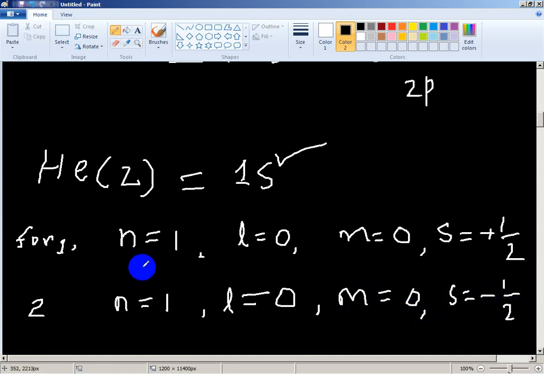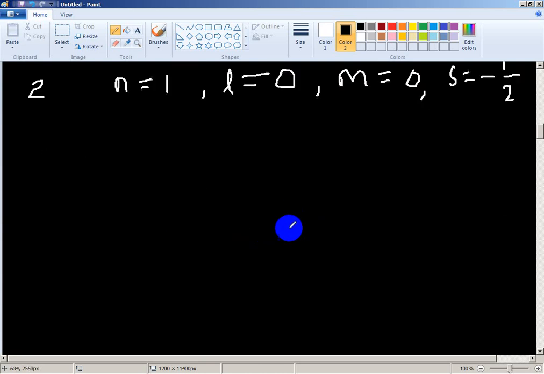For the two electrons, n, l and m are the same, but s is plus half and minus half. So at least one quantum number is different. This is the Pauli exclusion rule.